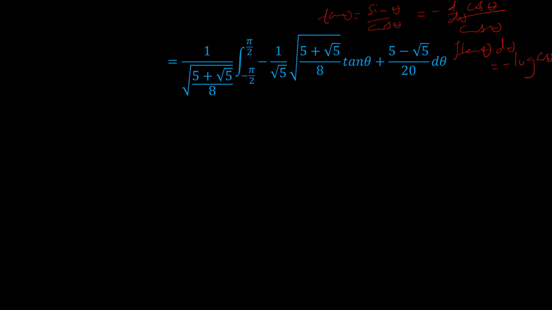But we'll also look that if you're plotting tan theta from theta equals negative pi over 2 to pi over 2, the curve is something like that, right? Asymptotic about pi over 2, negative pi over 2.